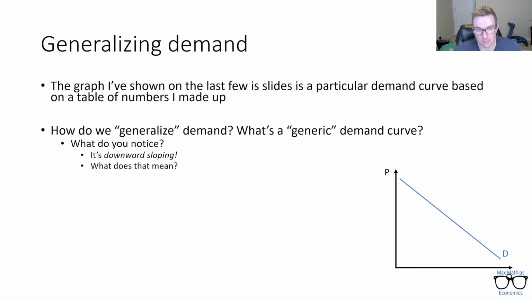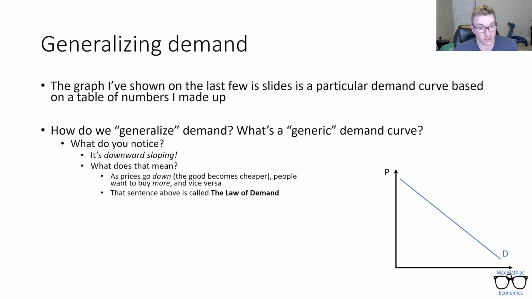So what does that mean? It means that as prices go down, that is, the good becomes cheaper, people want to buy more of it. And vice versa: as price goes up, people want to buy less. That's really all it means. And that sentence right there, as prices go down, people want to buy more and vice versa, is called the law of demand.